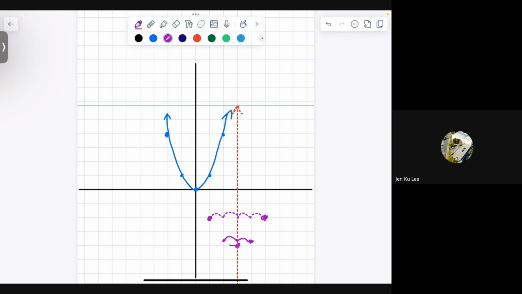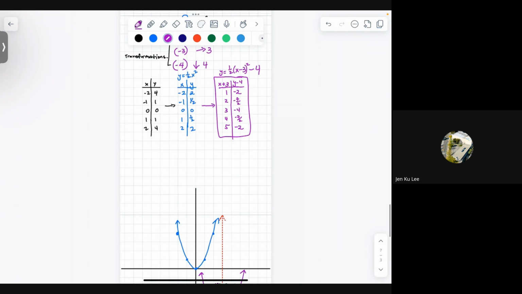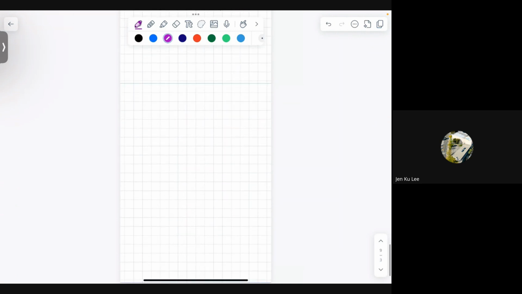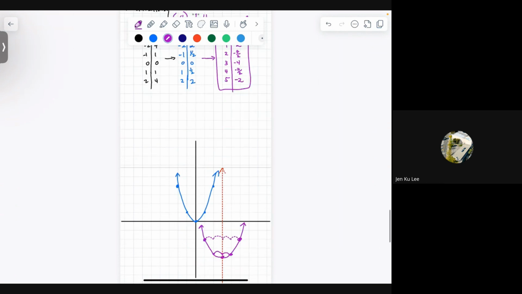Okay, so then you can draw your parabola. Notice that it's a little scattered. Okay. All right, cool. So there is my lesson for today. All right, thank you, and I will see you on the next one.